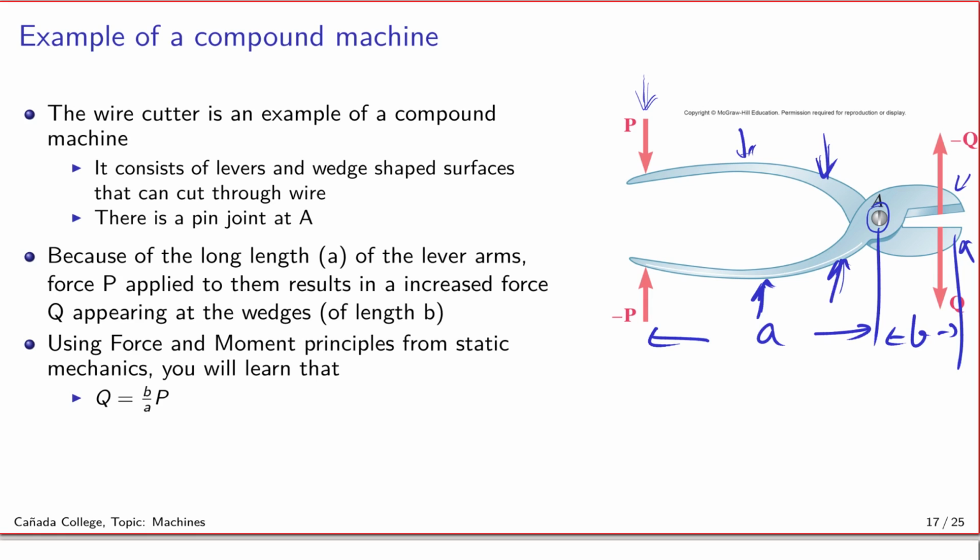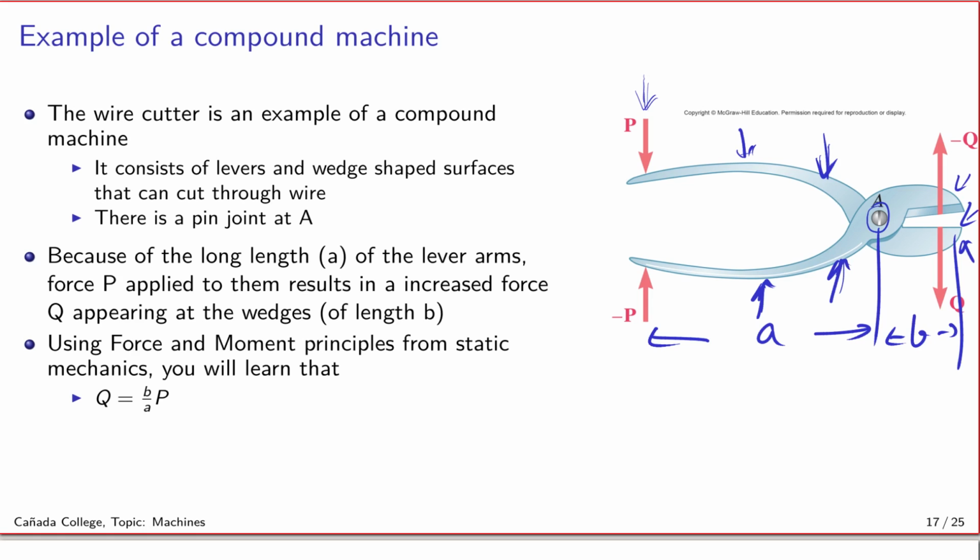And that's the single most important benefit of this machine, that by using a long lever arm, you're able to apply a little bit of load and translate that into a very large force on the other side of the pivot arm, so that your wedge shaped surfaces can actually cut through your wire or break your nut.